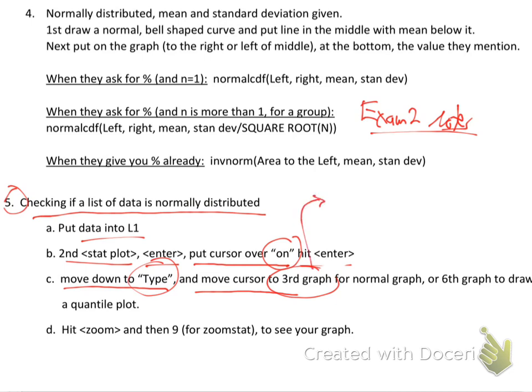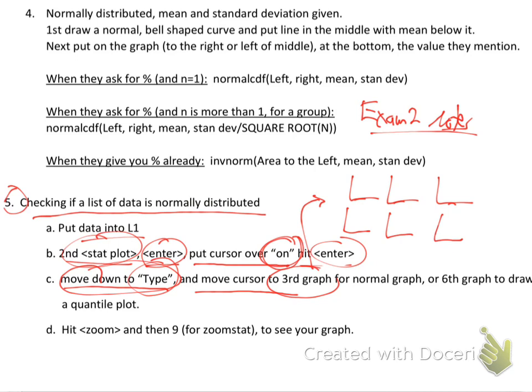You'll see when you go to Second Stat Plot, hit Enter, put the cursor over on, hit Enter, move down to Type, and you'll see these 6 graphs. 1, 2, 3. There's little graphs here. 4, 5, 6. I mean this one. This 3rd graph, which kind of shows some bars, is what it does, like this. So choose that graph, this graph right here. Move the cursor there.